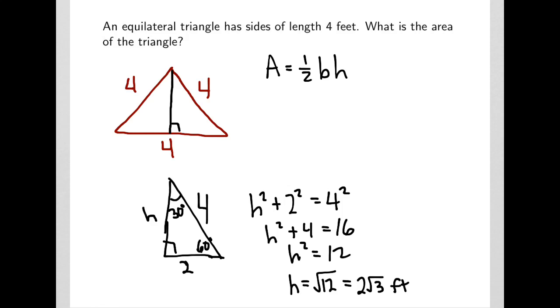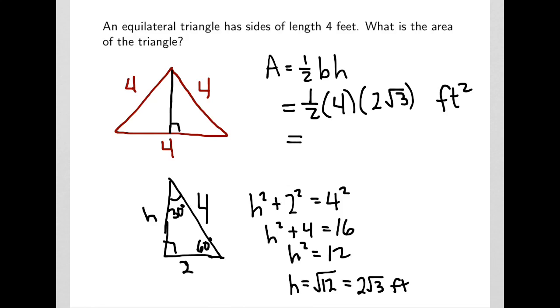I can now plug this into my formula. My area is 1/2 the base, which is 4 feet, times the height, which is 2 square root of 3 feet, and area is feet squared. The 2's cancel, so I get 4 square roots of 3 square feet.